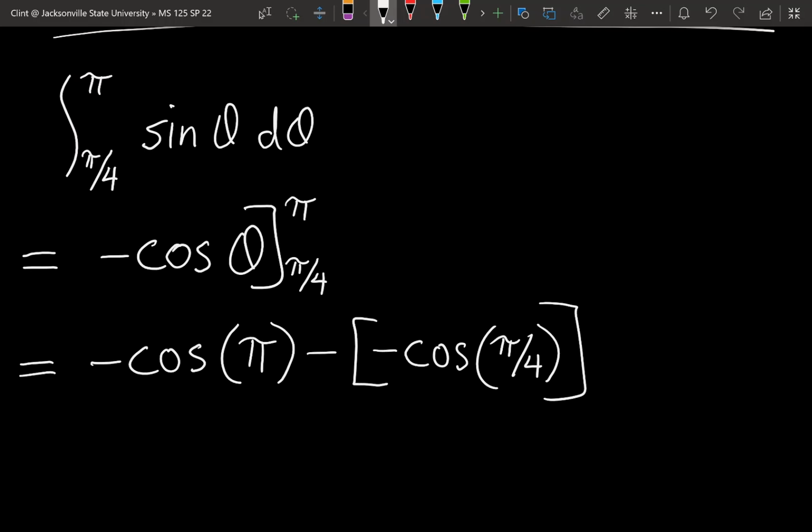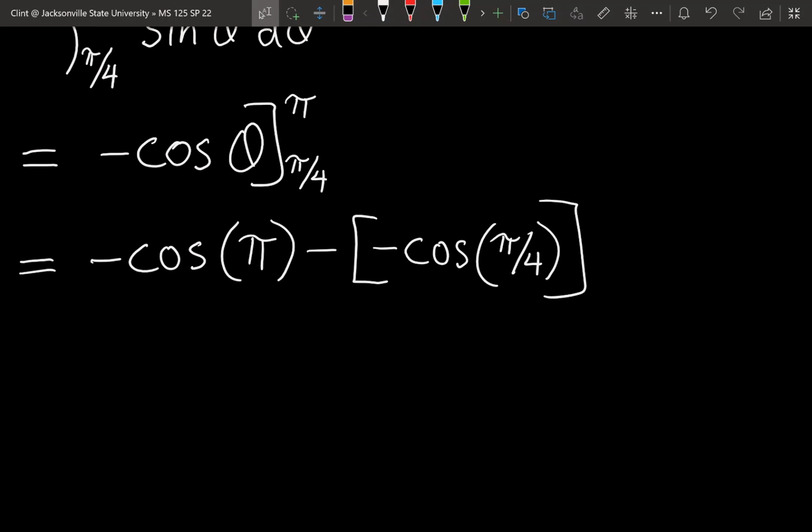So cosine of pi, you may know it without punching it. Yeah, negative 1 on that one, so we get that, and minus cosine of pi over 4. I always forget what that is. My trig's not real strong.